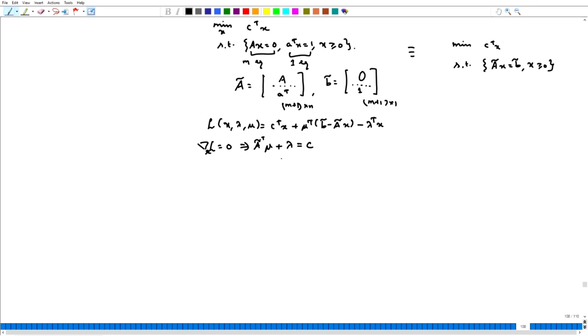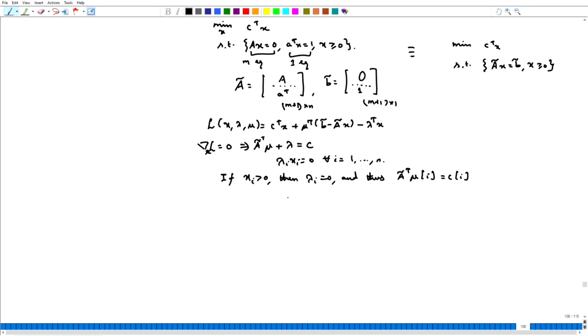And the complementary slackness condition is that lambda I x I equal to 0 for all I equal to 1 to n. So, what this tells us is that if x I is greater than 0, then lambda I equal to 0 and thus A tilde transpose mu of I equal to C of I. And x I equal to 0 is the other possibility.